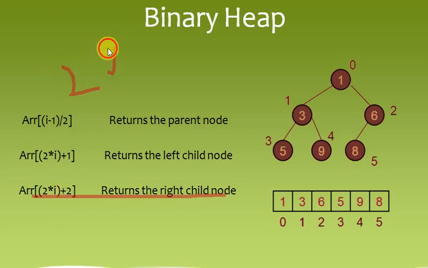For example, 2 multiplied by 1 plus 2 is 4, which is the right child. And we can directly write this into an array, for example, 1 2 1 3 6 5 9 8. So a minimum heap can directly be written into an array.